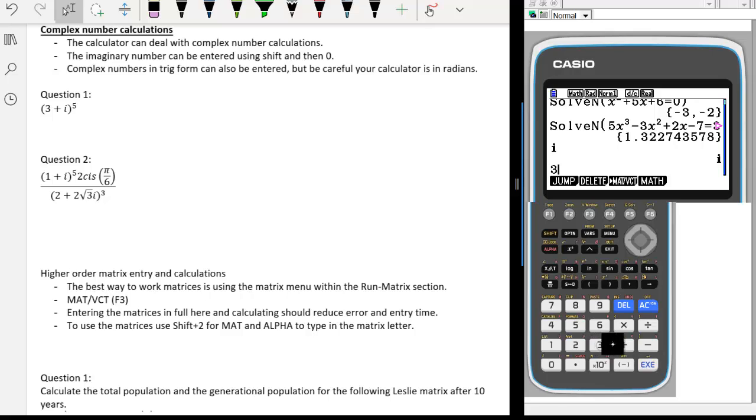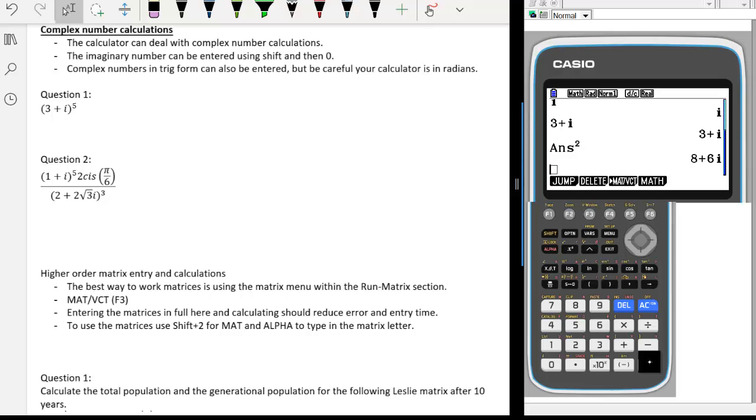Now, it's smart enough to keep these two things separate. 3 plus the imaginary number is still 3 plus i. Now, if we want to square that, we get 8 plus 6i. So we can perform these calculations very quickly and easily, if need be, on our graphics calculator.